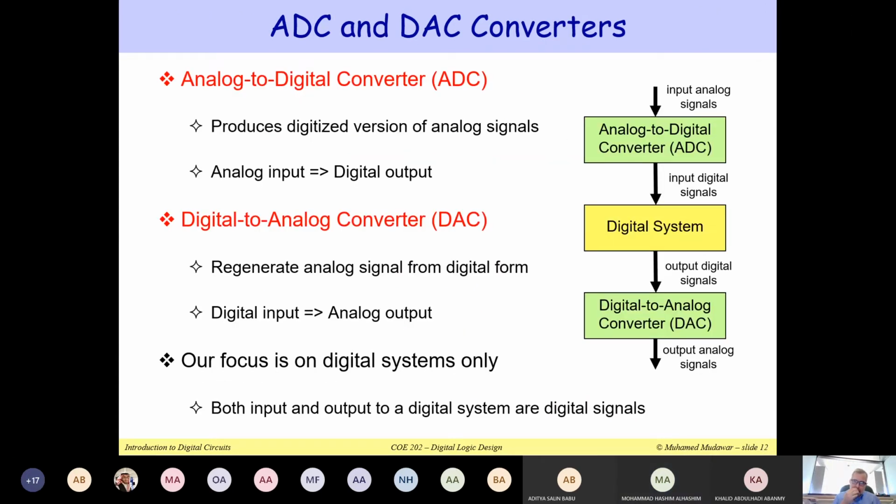Now, the world around us is analog. For example, look at sound. Do you think that sound is analog or digital? Analog, yes. So basically sound is like vibrations, right?